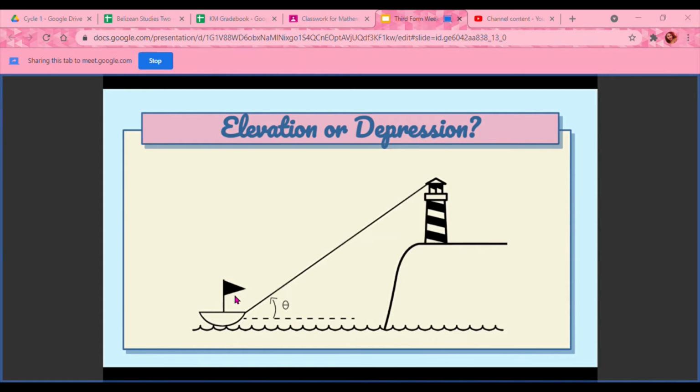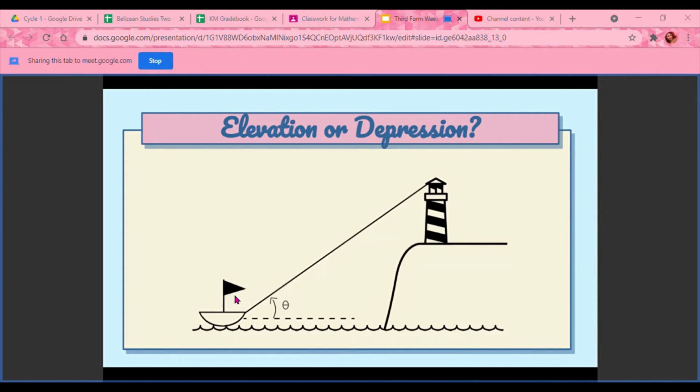I put this one to be number 1 on purpose because I knew that this was going to happen. The answer is elevation. Where is the angle?